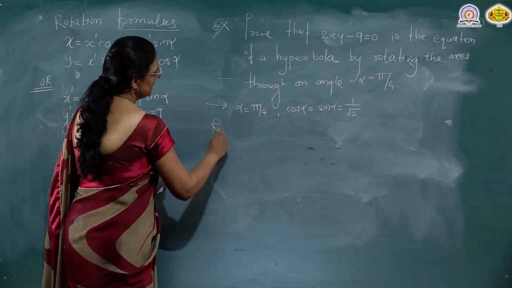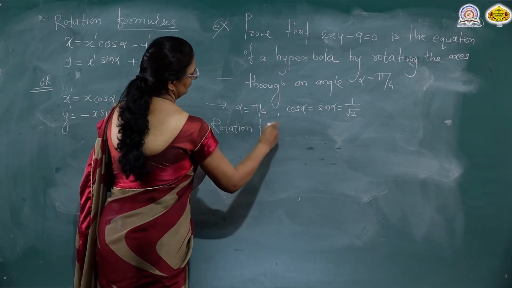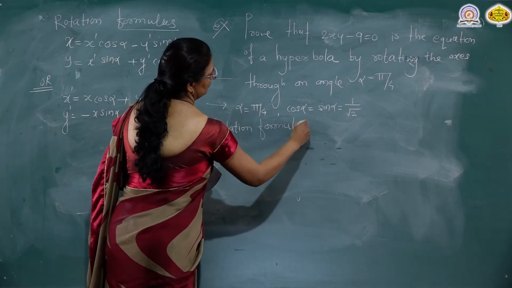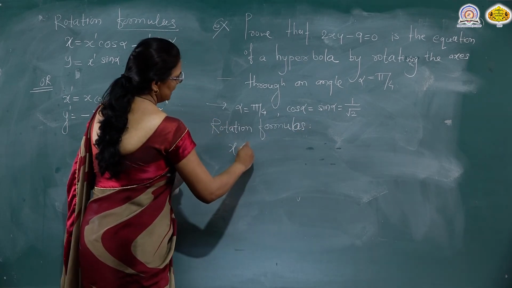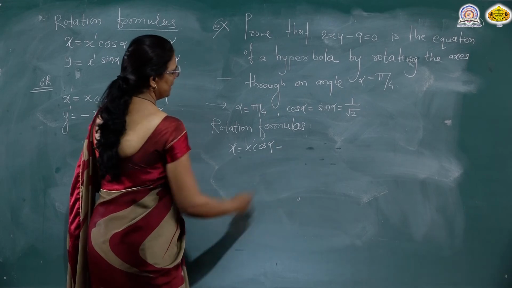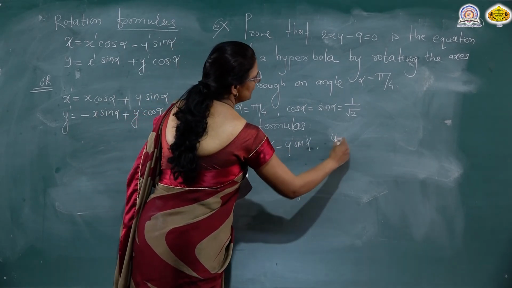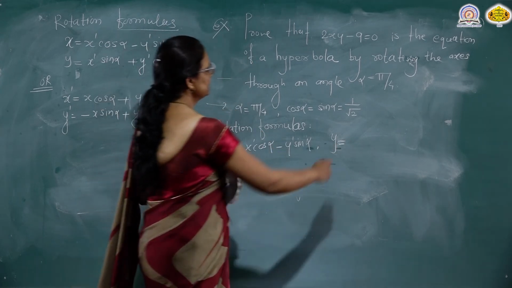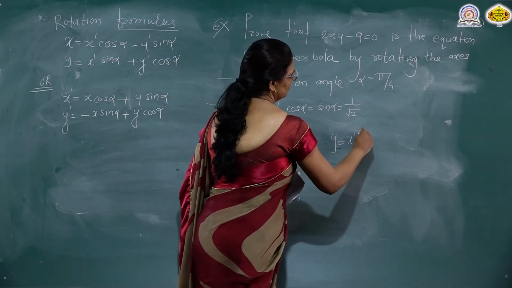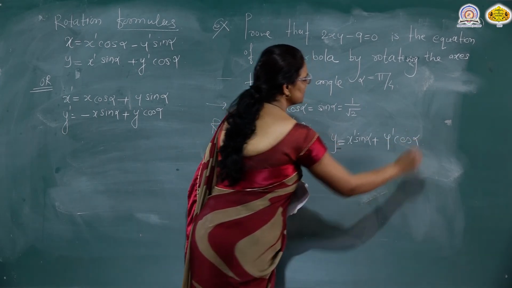So rotation formulas are x equals to x dash cos alpha minus y dash sin alpha, and y is equal to x dash sin alpha plus y dash cos alpha.